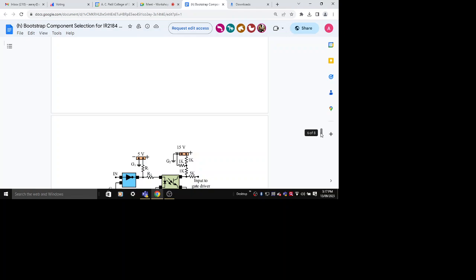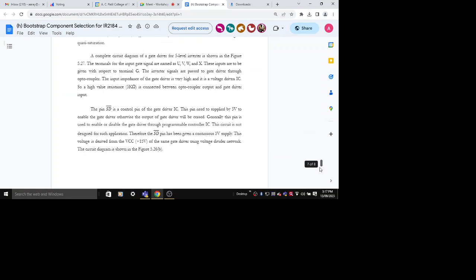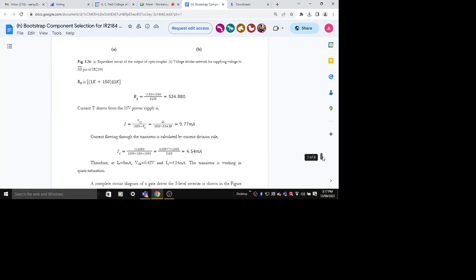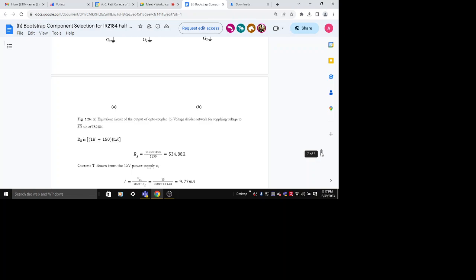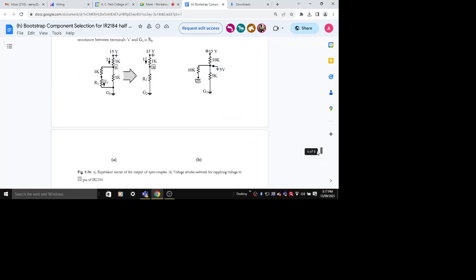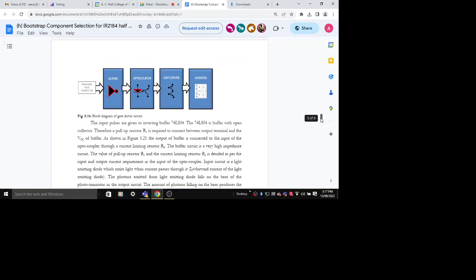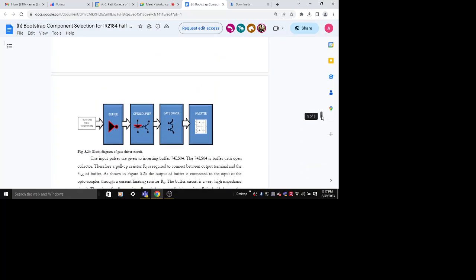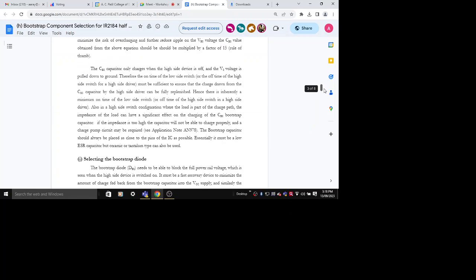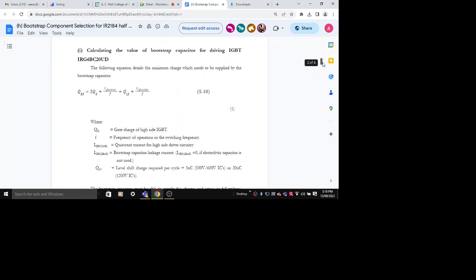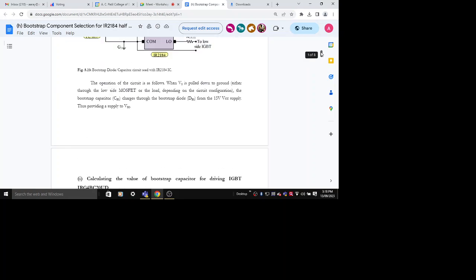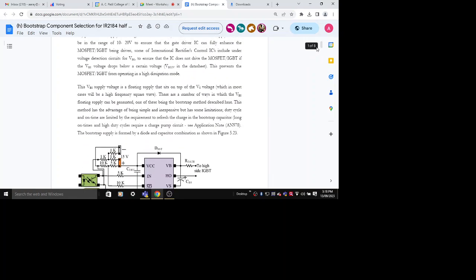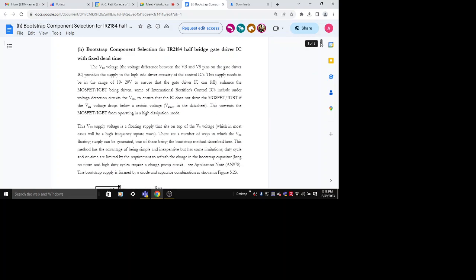See this QG is for the high side IGBT. You can take the values from the IGBT datasheet, the current, average current required.